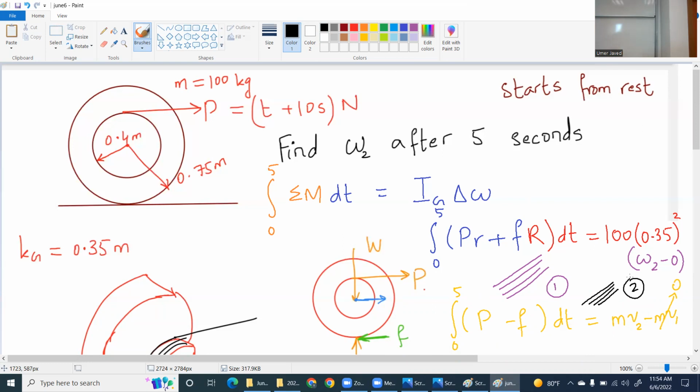T is in seconds, and the 5 seconds is the limit. Then that 10 S is a second, 10 is a constant. Do you understand this question? You see that force is equal to T plus 10 S bracket capital N. Capital N is Newton, S is a second, 10 is 10, T is time. So force is variable.